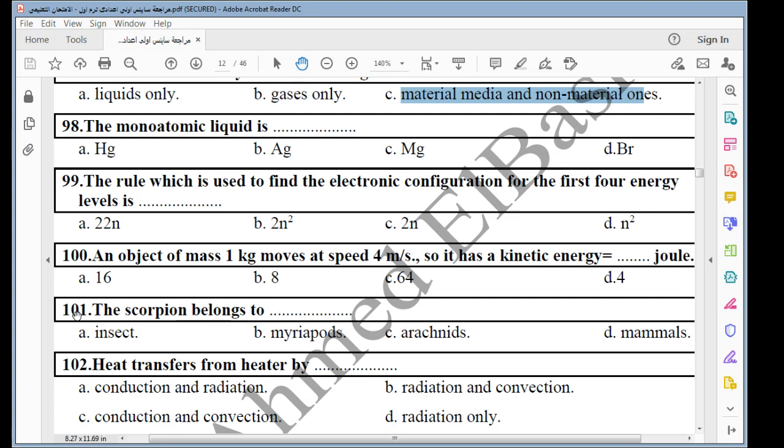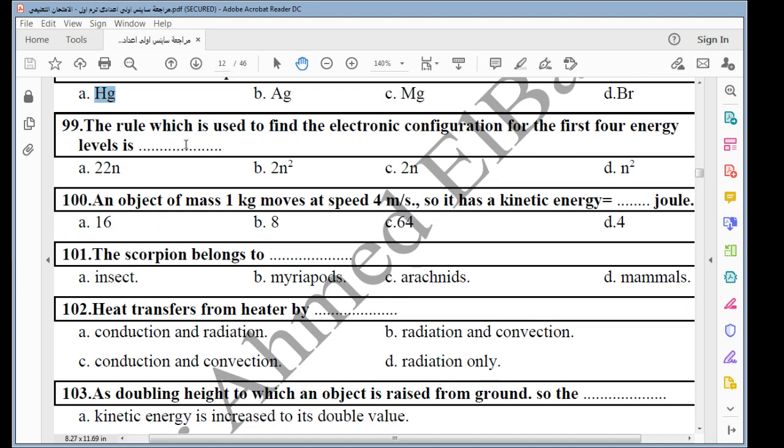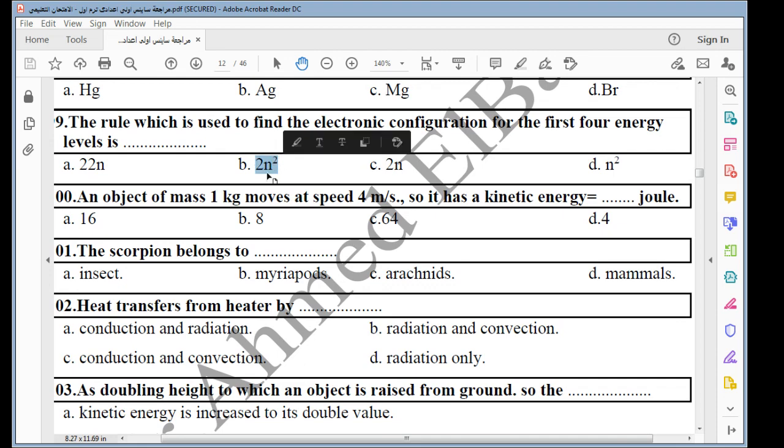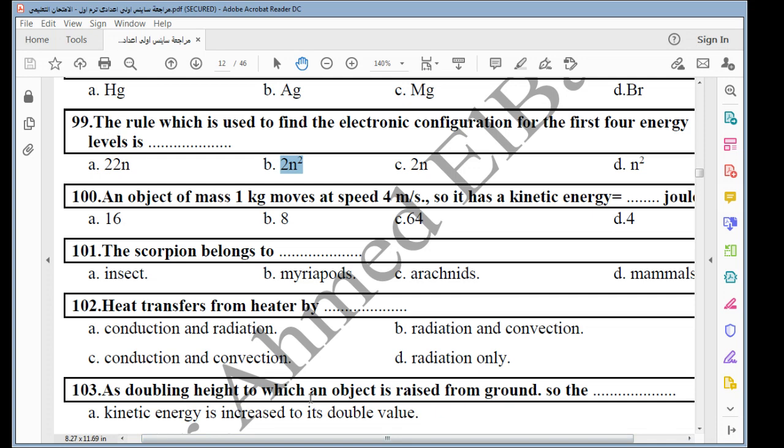98. The monoatomic liquid is Hg. The rule which is used to find the electronic configuration for the first four energy levels, remember it, is 2n squared. 100.